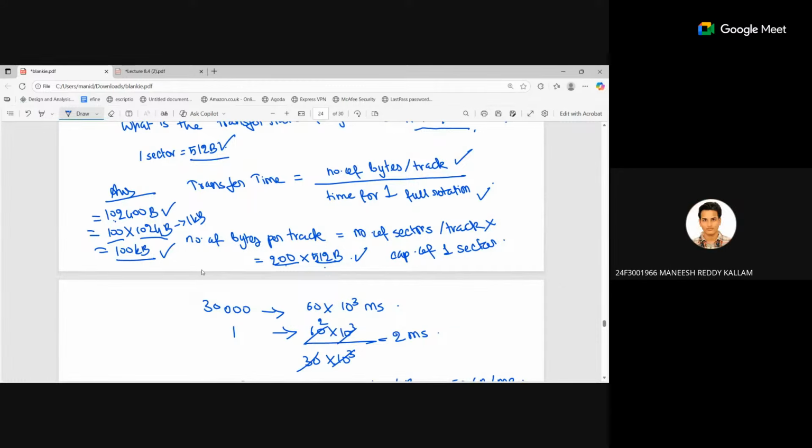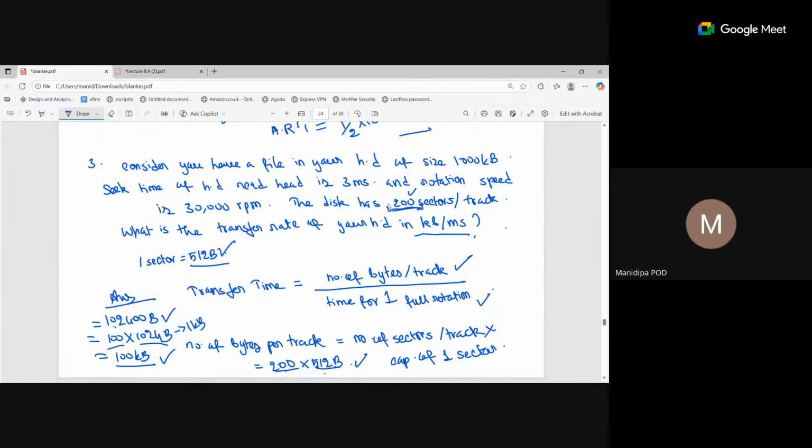Ma'am, I'm yet confused about the number of bytes per track. See, how many sectors per track? There are 200 sectors. Each sector can have how many bytes? 512. So 200 into 512 is the total number of bytes per track. Okay, I get it, ma'am.